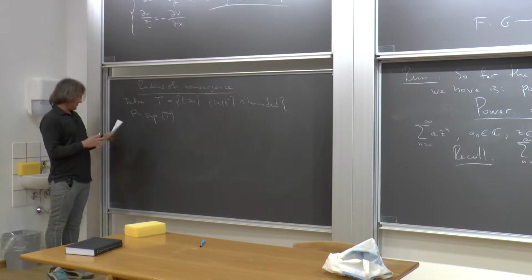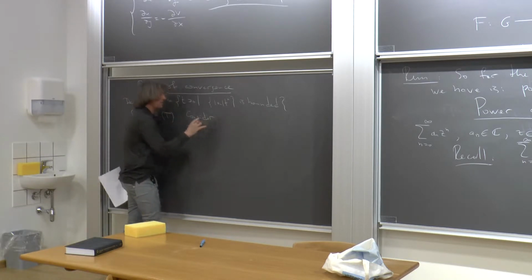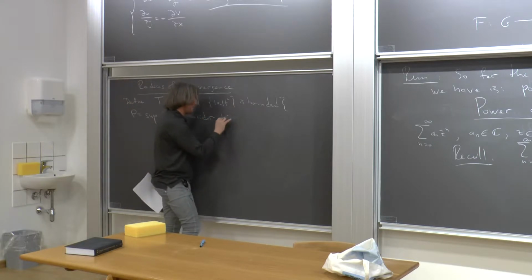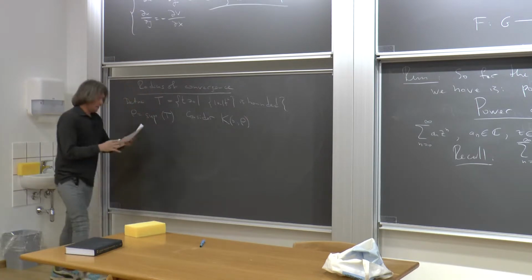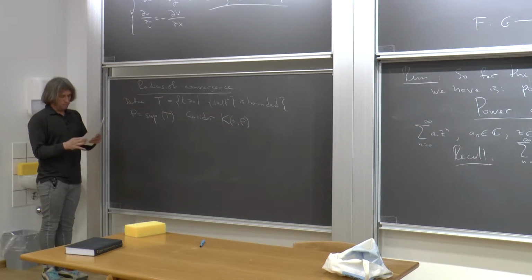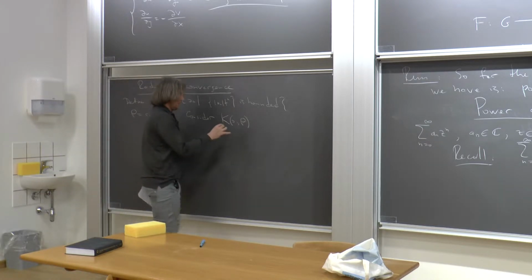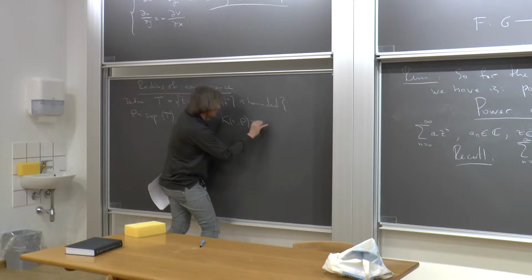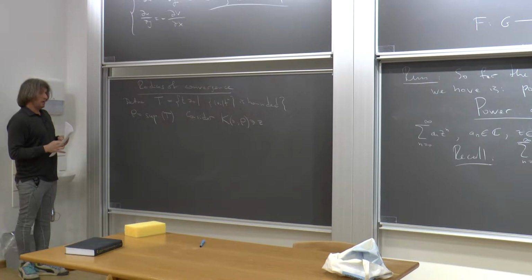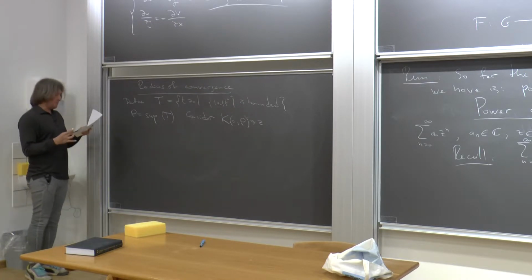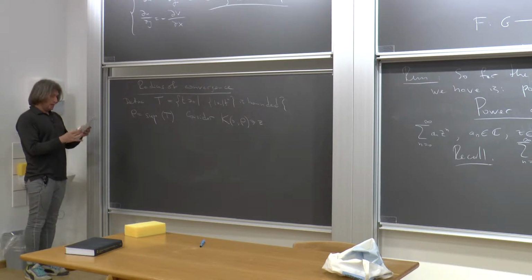And consider the open disk with a center at 0 of radius ρ, and some number z inside. So what I want to say is that for this z, the series converges absolutely. And let's see this.